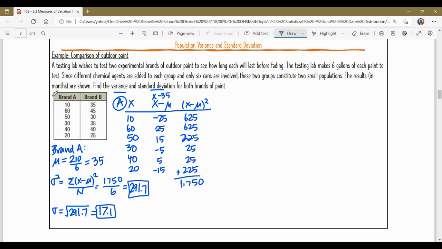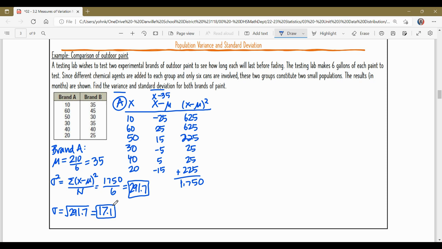So this means that in brand A, which has a mean of 35, and on the previous slide we said has a range of 50, these values have a variance of 291.7 with a standard deviation of 17.1. That standard deviation of 17.1 tells you that on average, each of the values in the list of brand A numbers is 17.1 away from the mean.